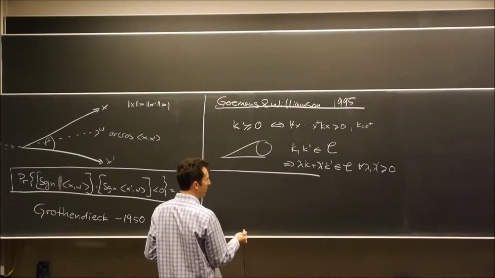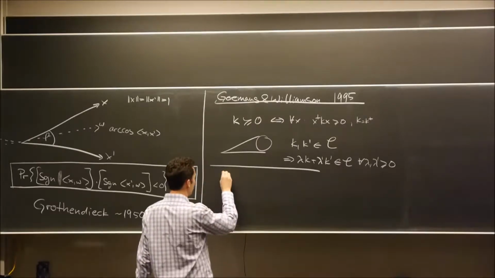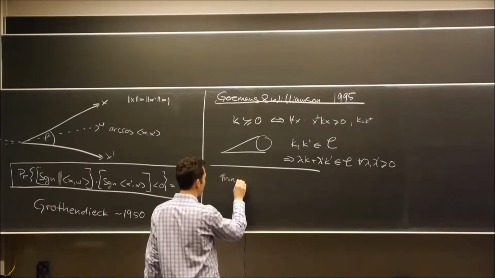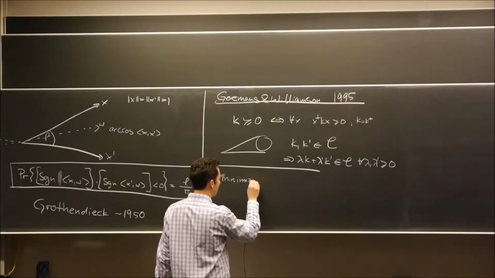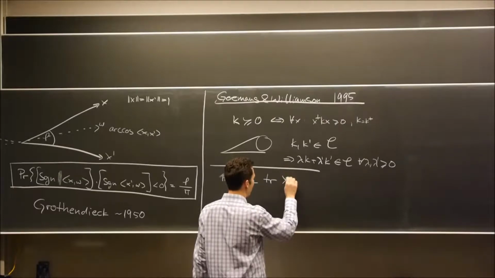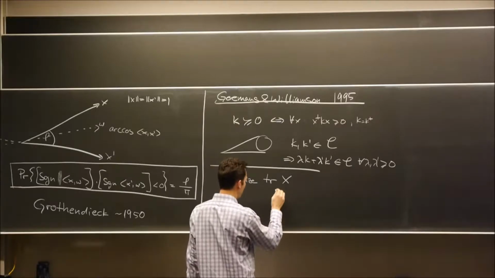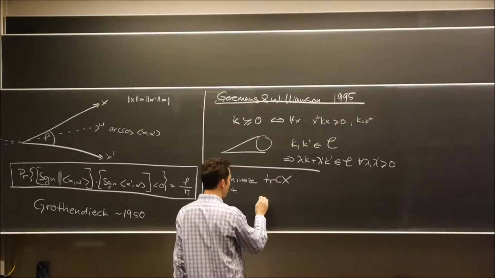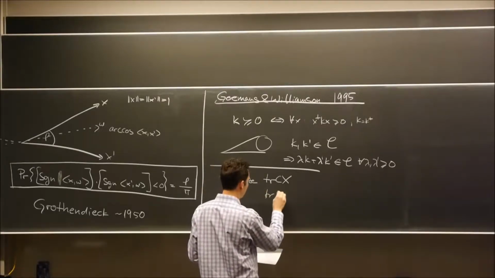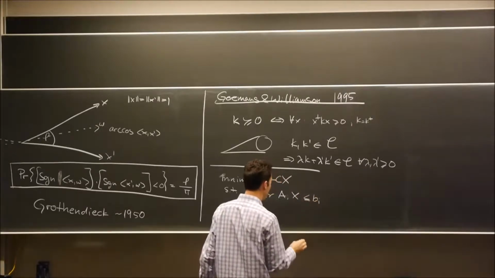Now, the primal form of a semi-definite program is often written as follows. I want to minimize the trace of C times X, subject to the conditions that trace of A_i X less or equal than b_i.